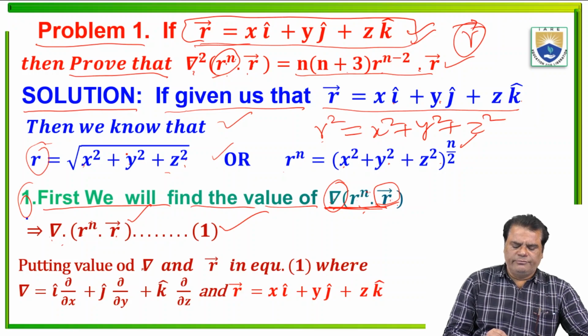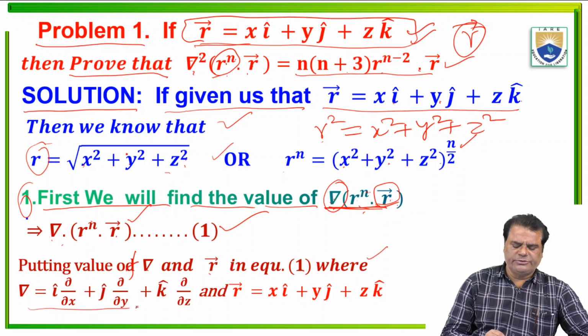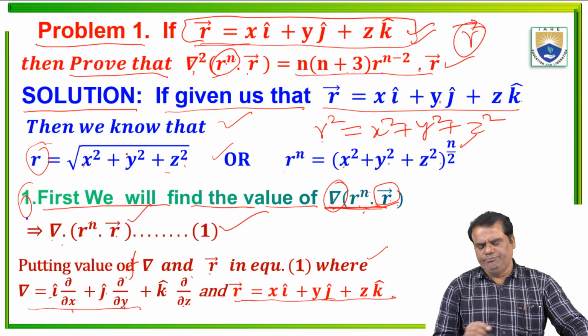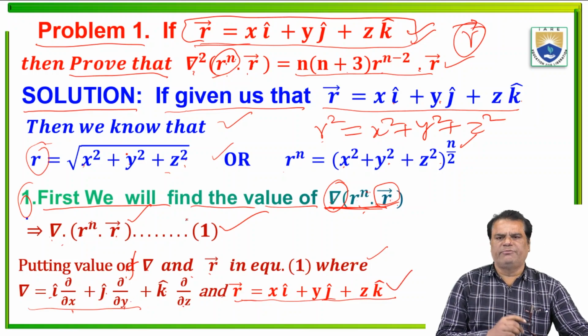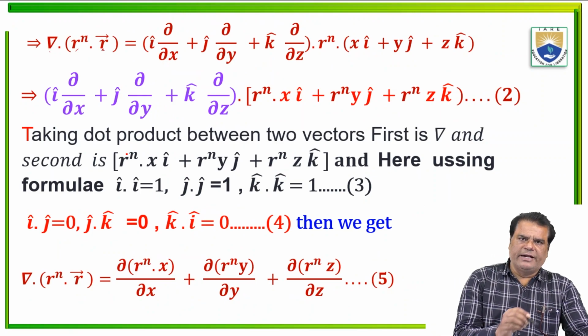Putting the value of del and vector r in equation 1, where del is i dou over dou x plus j dou over dou y plus k dou over dou z, and r is vector xi plus yj plus zk. Putting both values in equation 1, we get del dot r to the power n vector r.